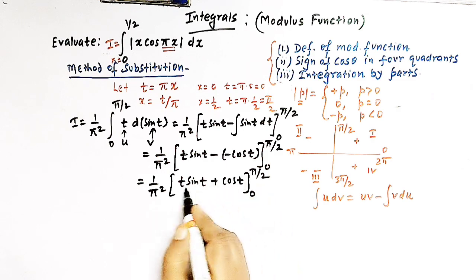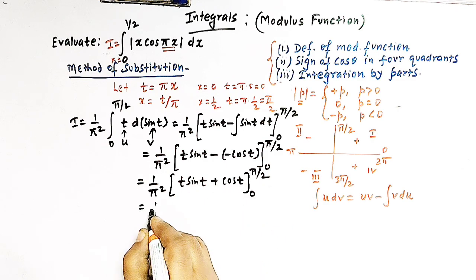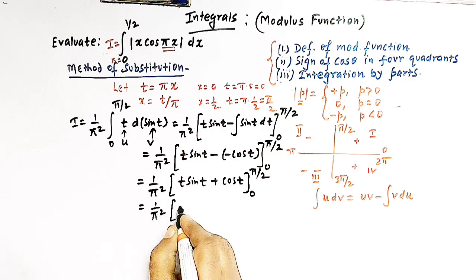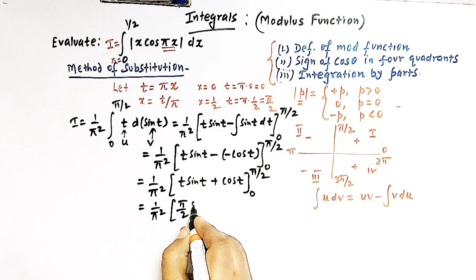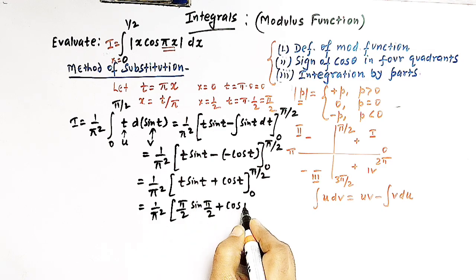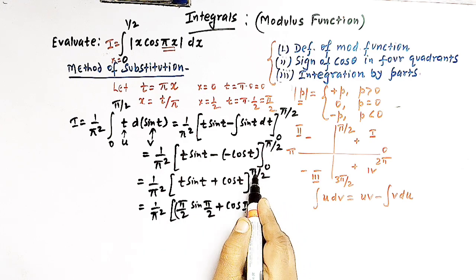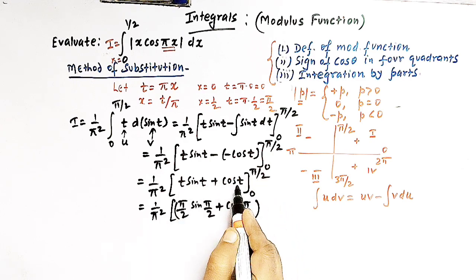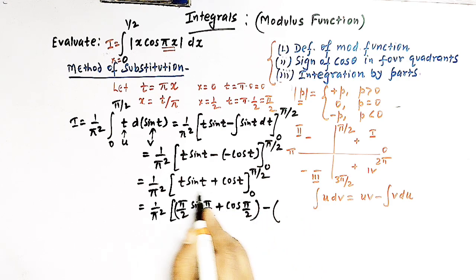So now let us substitute the limits and we'll take the difference. So we have 1 over pi square, and then first we have here t is equal to pi by 2, then we have sine pi by 2, then we have cos pi by 2. And then we substitute t is equal to 0.